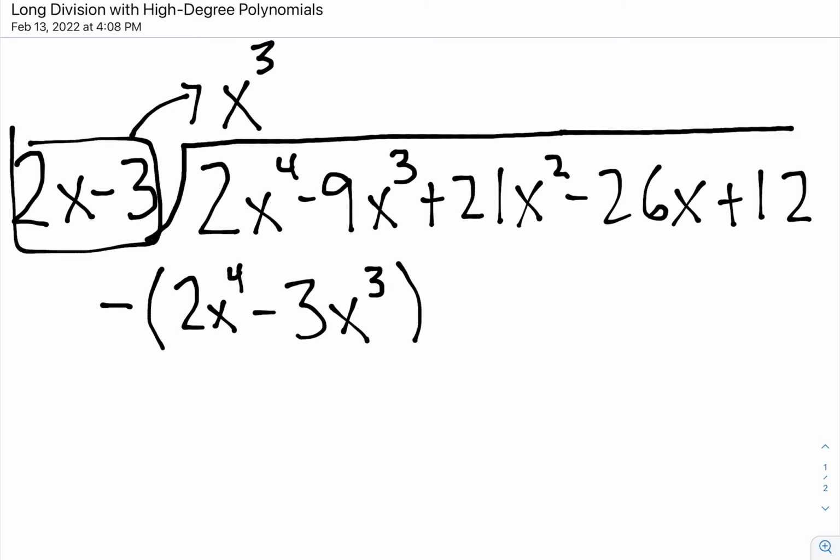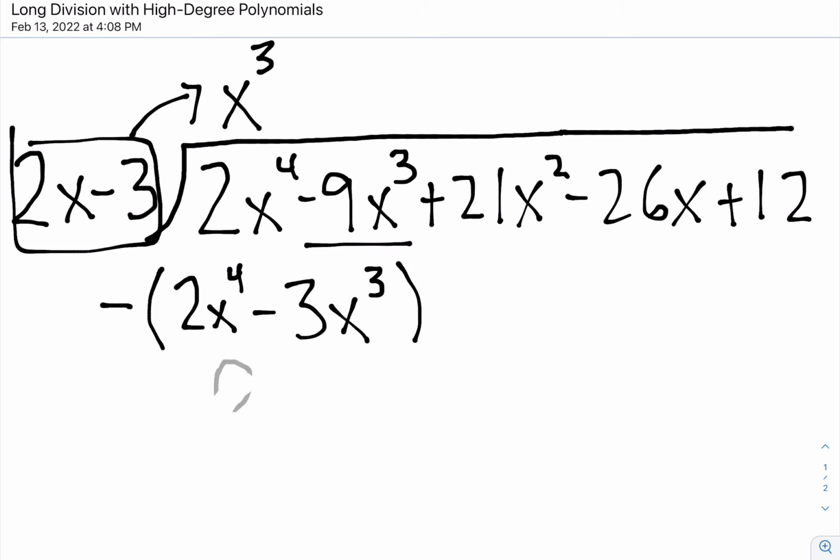We have 2x to the fourth, and we're subtracting both these terms. 2x to the fourth minus 2x to the fourth is 0x to the fourth, so that disappears. And we have negative 9x cubed minus negative 3x cubed, which is like negative 9x cubed plus 3x cubed.